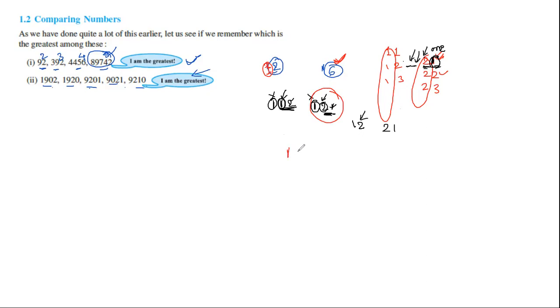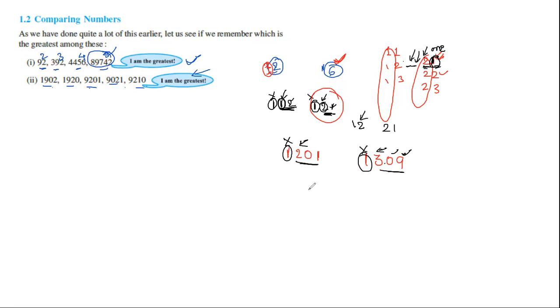If I say this is my number 1201, and the other number I take is 1309, which one is greatest? Our process is, if the first digit is the same, let's leave it. Now let's see these 3 digits, the 2 and 3, right? These are different, so I'll not take the ones or tens place digit.